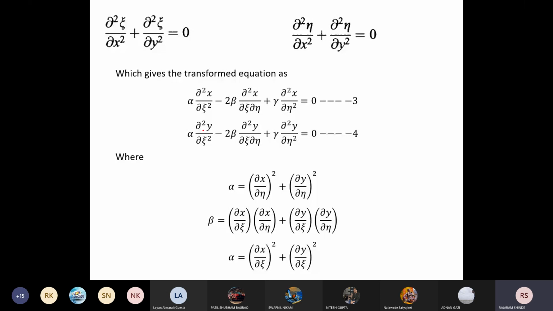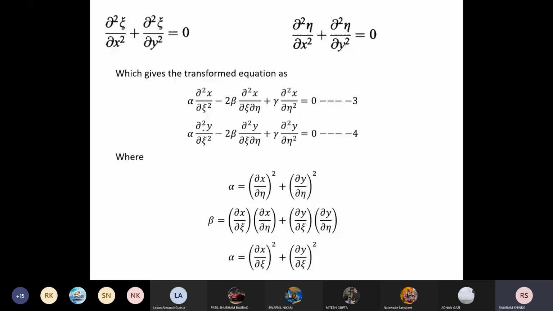These equations allow us to find the values of x, y coordinates of the grid points in the physical plane. That means with the help of these equations, we can find the values of x and y in the physical plane, which are functions of xi and eta, the location of the same grid points in the computational plane.